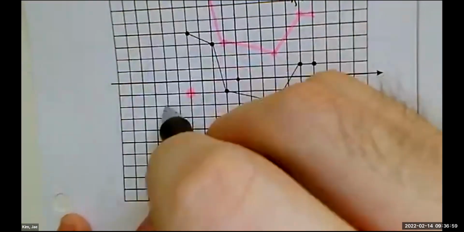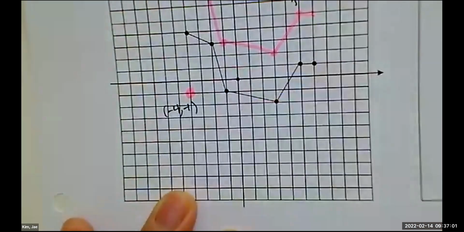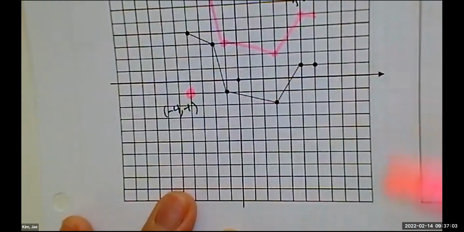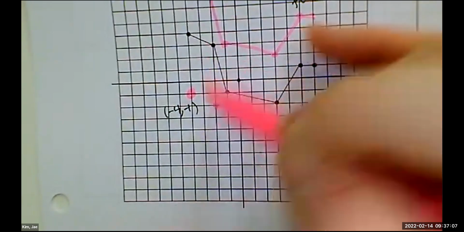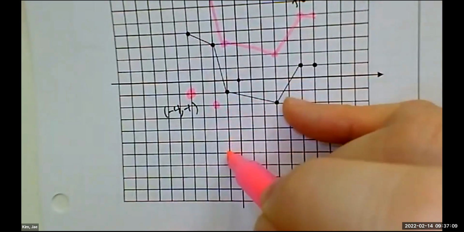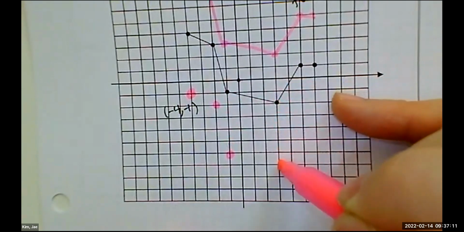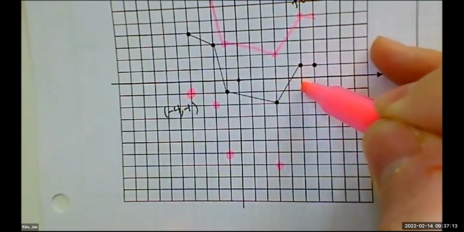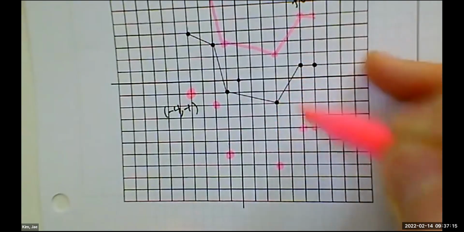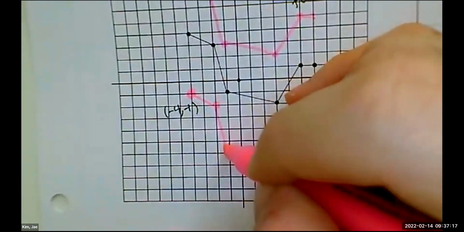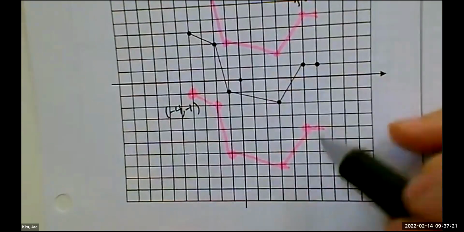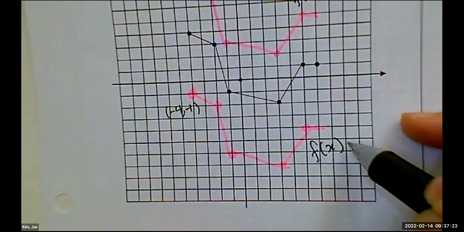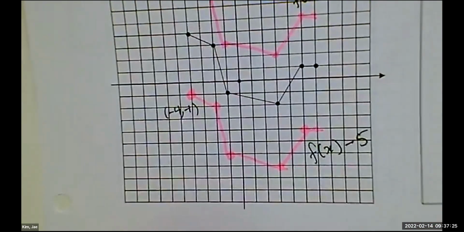That point would be -4, -1, because I went down by 5. Bring everything down by 5. 1, 2, 3, 4, 5. There you go. And this is the same f of x constellation, but -5.